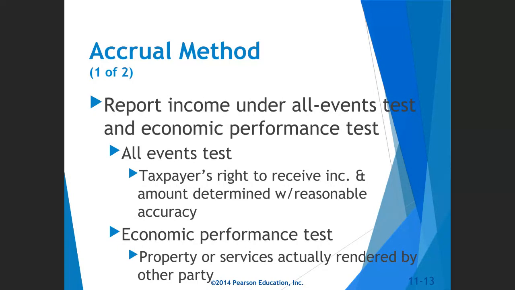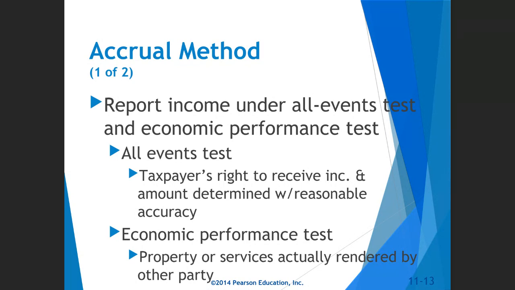All events test: under the accrual method, taxpayers report an item of income when all events have occurred that fix the taxpayer's right to receive the item of income and the amount can be determined with reasonable accuracy.